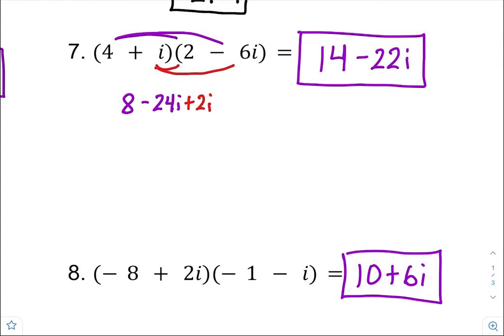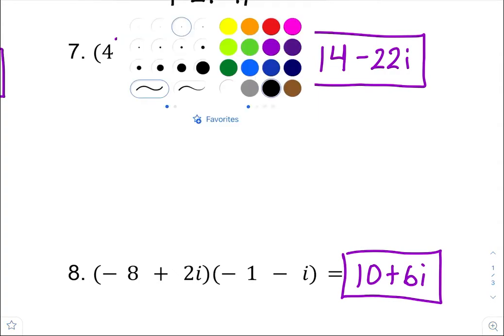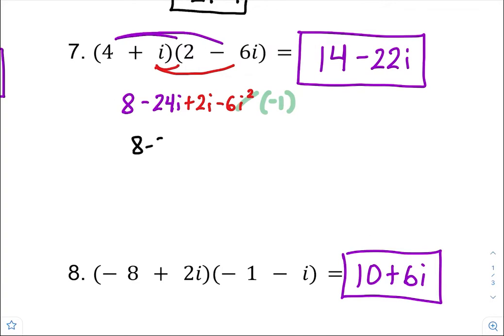And i times negative 6i is negative 6i to the second power. This i squared becomes negative 1. So then if we just drop everything down, except negative 6 times negative 1 is positive 6.